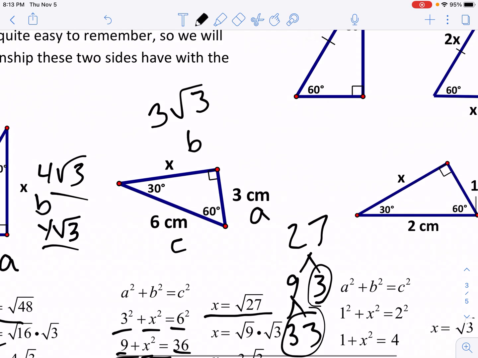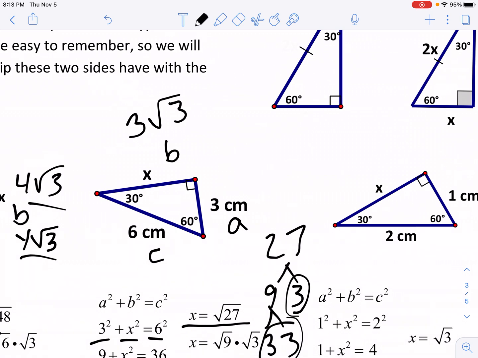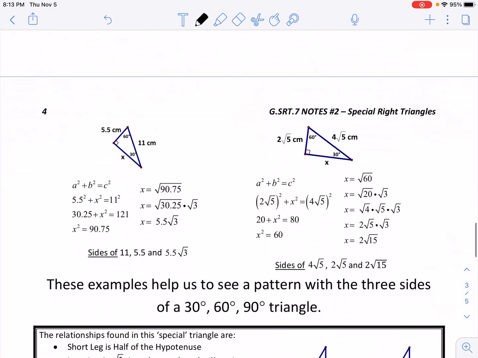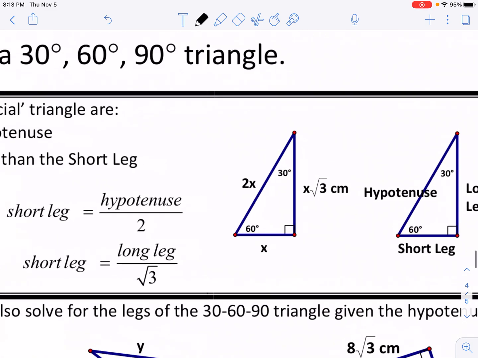Let's see if that pattern still works here. So if we think of this guy as y, 3, what is 3 times 2 going to get me? 6. So I still have 2y. On this side, I would have y square root of 3, okay? Well, 3 times the square root of 3, that gets me to here. So that's the pattern that emerges between the 3 sides there for a 30, 60, 90, okay?